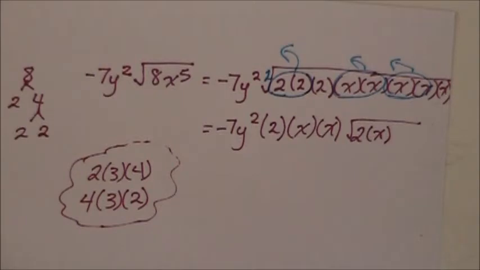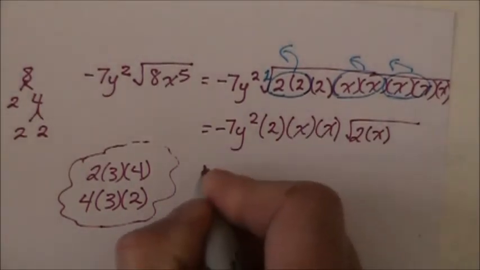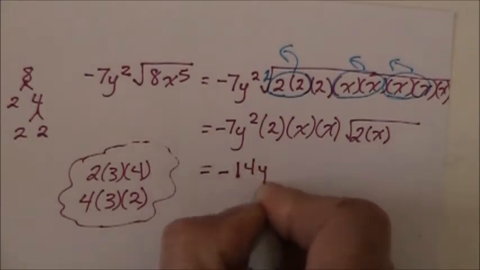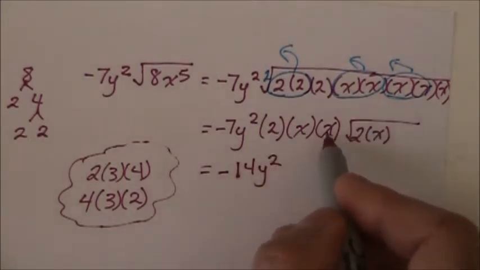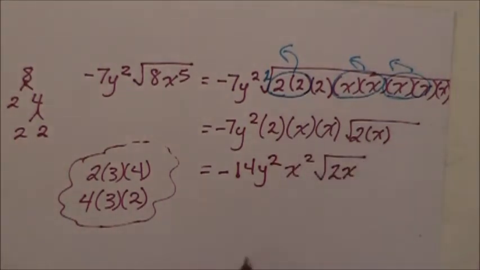So what that means is that I can take the 7 and the 2 and multiply them together, even though they're not beside each other, because these are all multiplies. So I'm going to get negative 14y squared. X times x is x squared. And underneath the radical sign I have 2x.